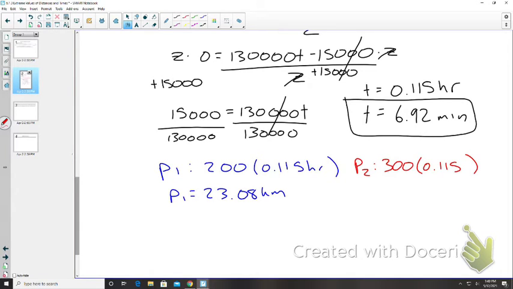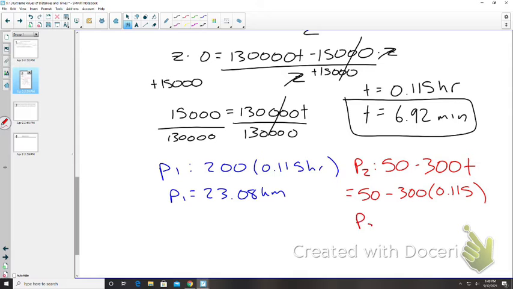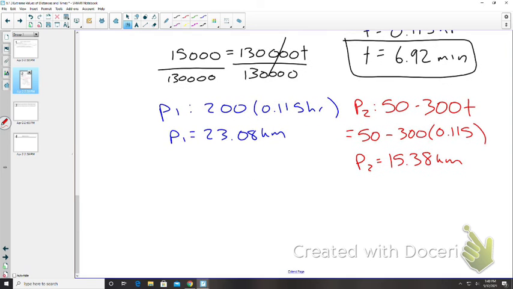And that tells us it has a distance, so P2 is not 300 multiplied by t, it is 50, remember it was 50 kilometers north to begin with, minus 300 t. 50 minus 300 times 0.115, and that gives us a distance for plane 2 of 15.38 kilometers.